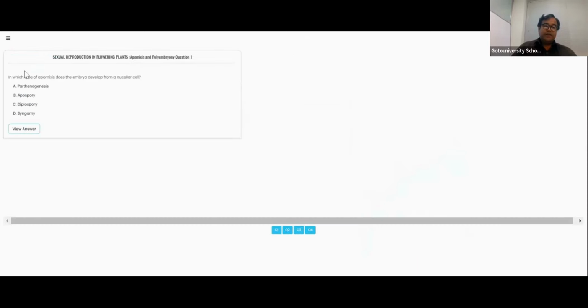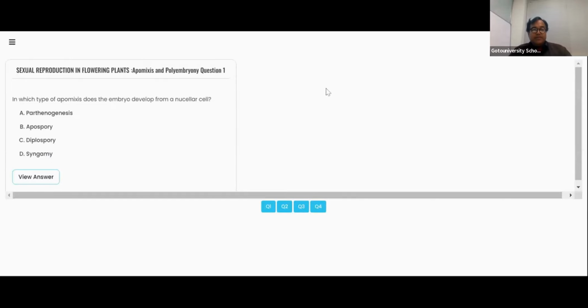In this concept, in which type of apomixis does the embryo develop from the nucellar cell? Embryo develops from nucellar cell. Any one of you can say the answer.